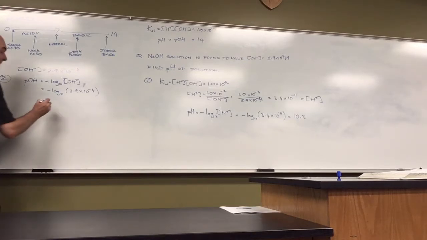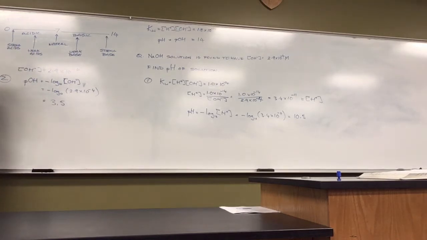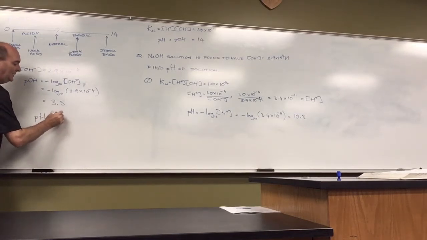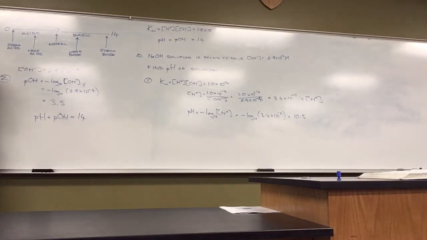3.54. 3.5. Okay. Next logic. pH plus pOH equals 14.